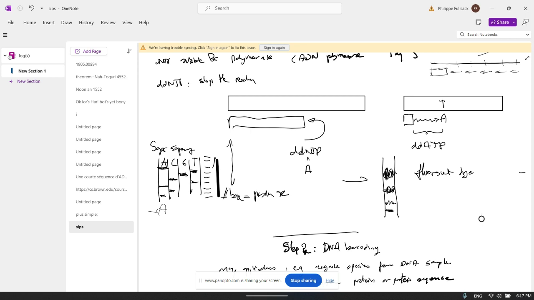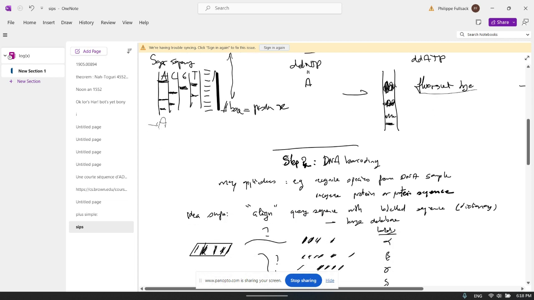If you can label each product, like each base, A, C, G, T, with different colors, for example with fluorescent dyes, then you can just use a single tube and go much faster. Put everything in one tube, and with a fluorescent dye, you basically get your sequence as a series of colors along a line.